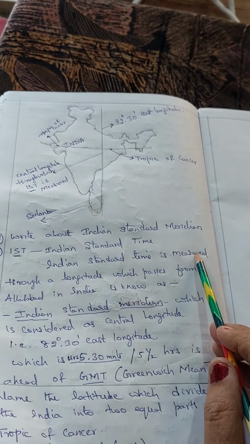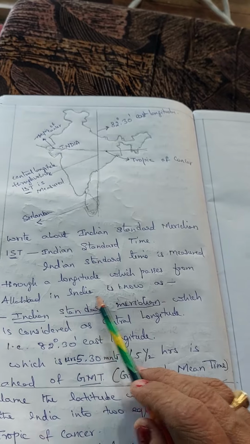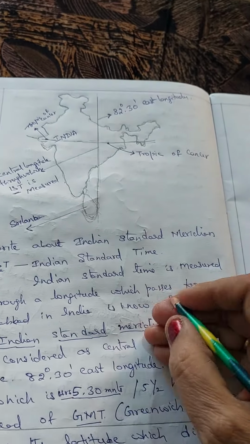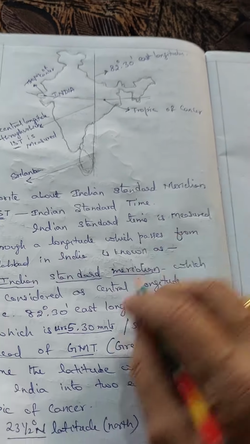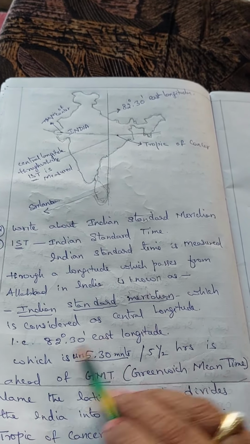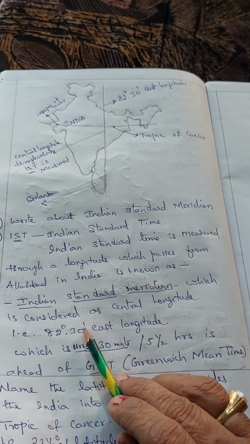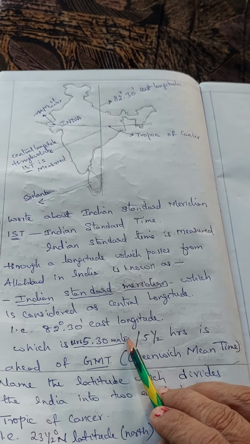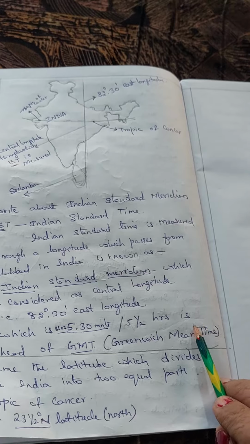Indian Standard Time is measured through a longitude which passes through Allahabad in India, known as Indian Standard Meridian, which is considered as central longitude, 82 degrees 30 minutes east longitude, which is 5 hours 30 minutes, or 5.5 hours, ahead of Greenwich Mean Time, children.